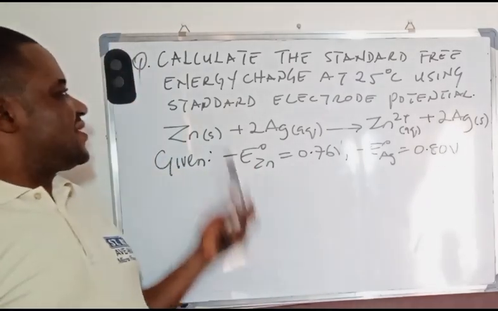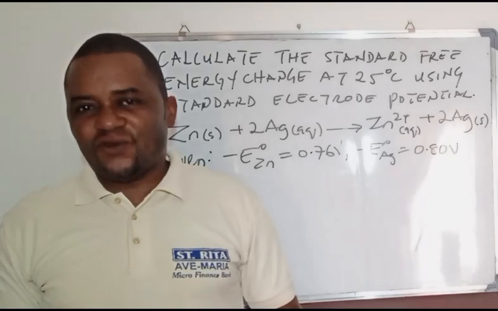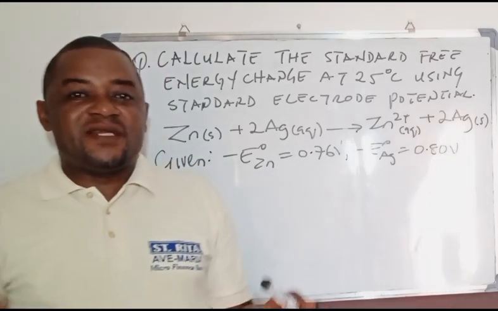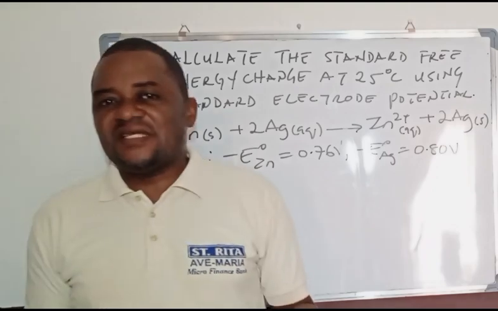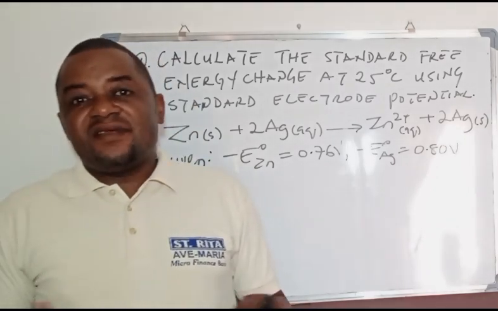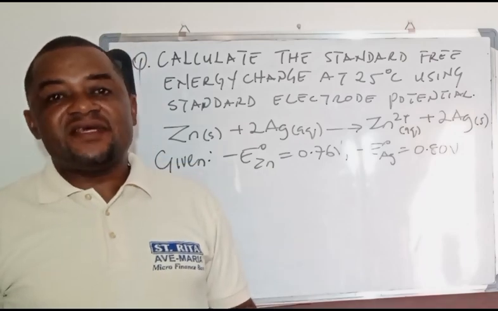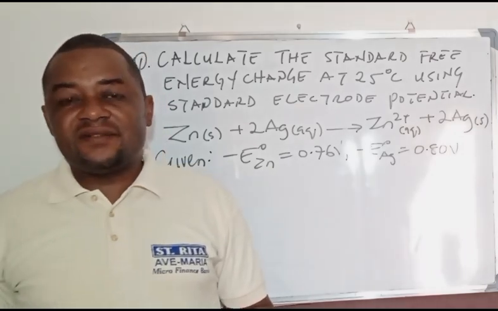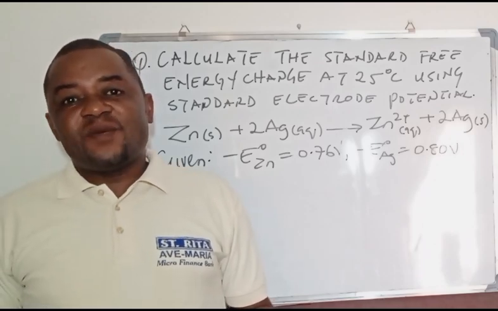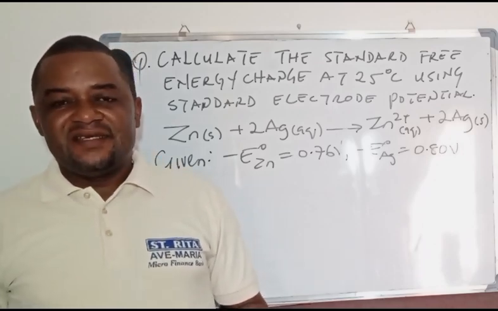But what is the standard electrode potential that we are talking about here? The standard electrode potential is simply explained in this way. I put it in a way you will just understand. In electrochemistry, we have chemical reactions that take place in the electrolytic cell.